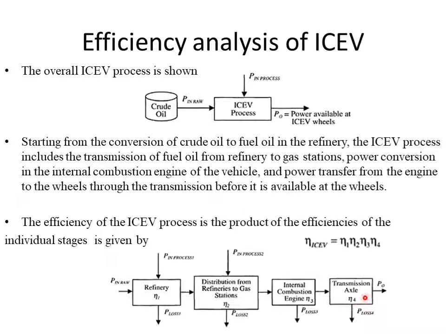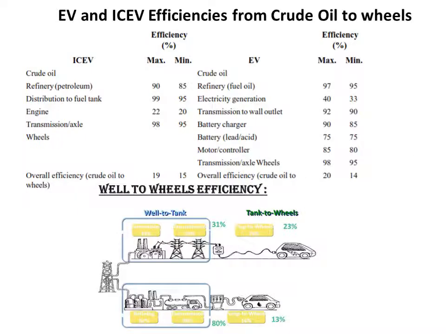So here there are mainly 4 stages, represented by efficiencies eta 1 to eta 4, and in these stages also there are a lot of losses. Finally the total efficiency will be the product eta 1 into eta 2 into eta 3 into eta 4.